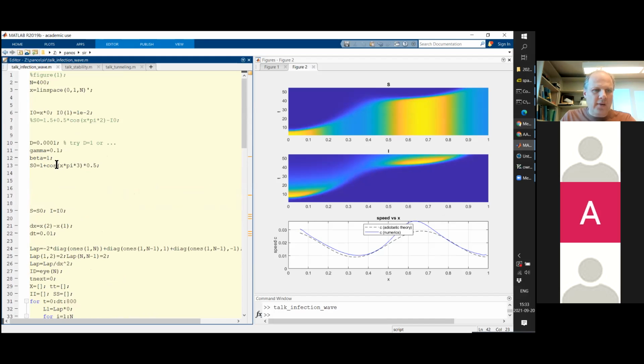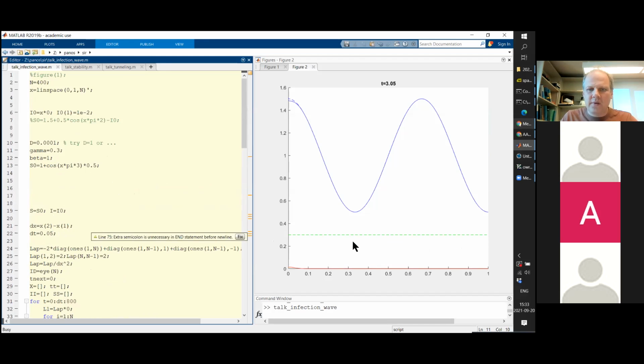I can now increase this. Let me speed up the simulation. Let me increase the gamma so that recovery is faster. If I increase the gamma, recovery is faster, and I also increase the simulation speed.